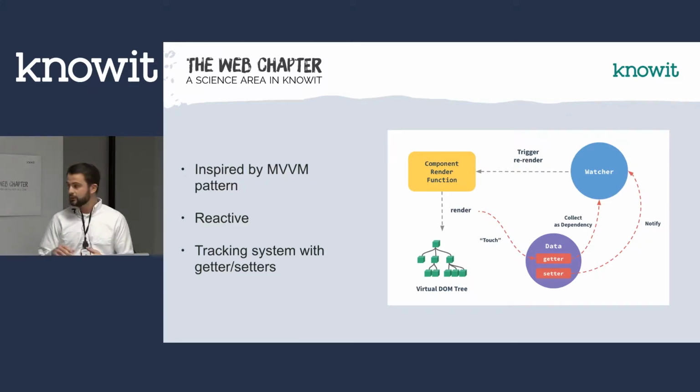Every component instance has a corresponding watcher instance, which records any properties touched during the component's render as dependencies. When a dependency setter is triggered, it notifies the watcher, which then triggers a re-render of the component.